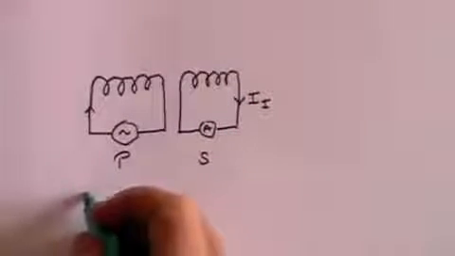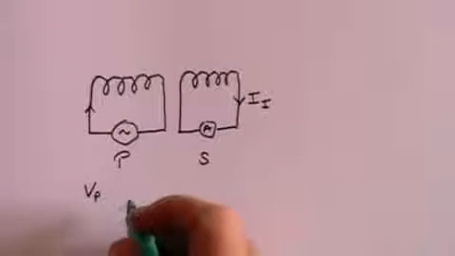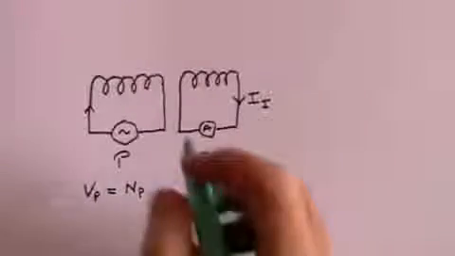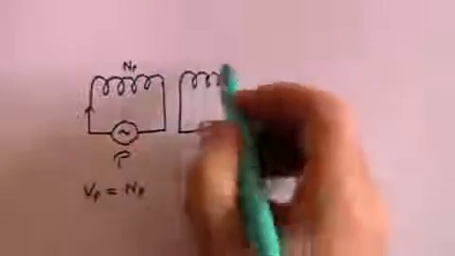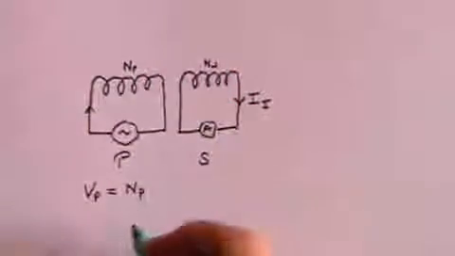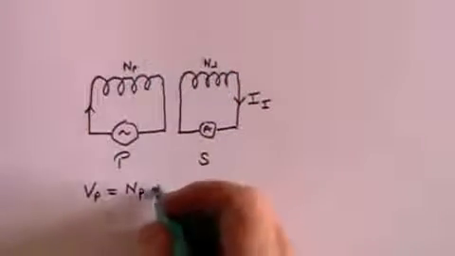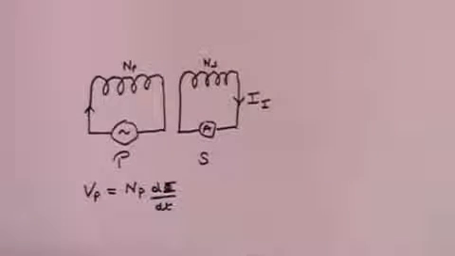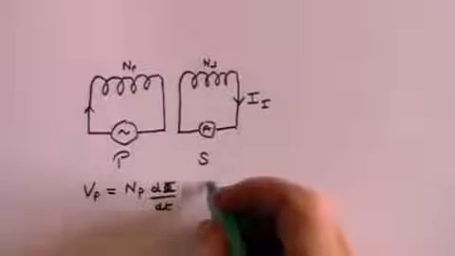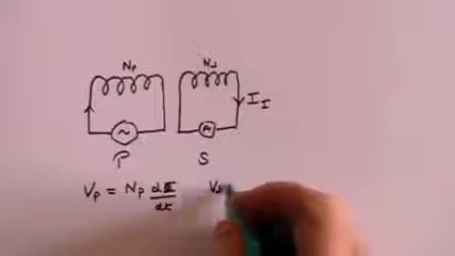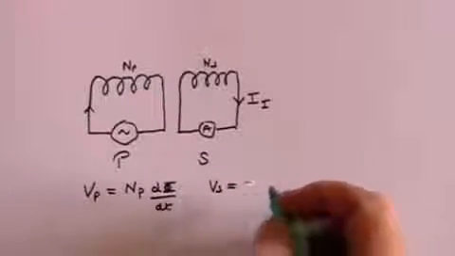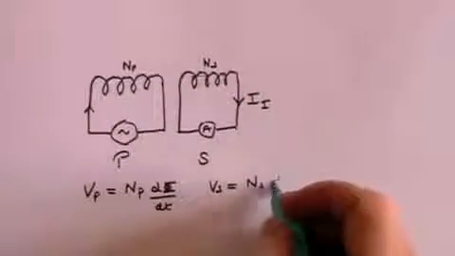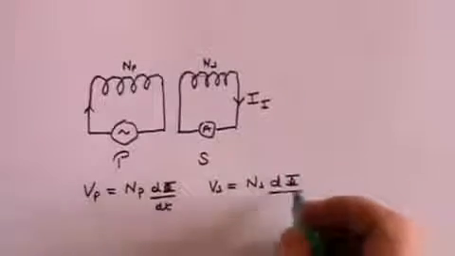And what we find is that the voltage in the primary is the number of turns in the primary, that's the number of turns here, this is the number of turns in the secondary, times the change in flux, dφ by dt. The voltage in the secondary, which is an induced voltage, is the number of turns in the secondary times dφ by dt.